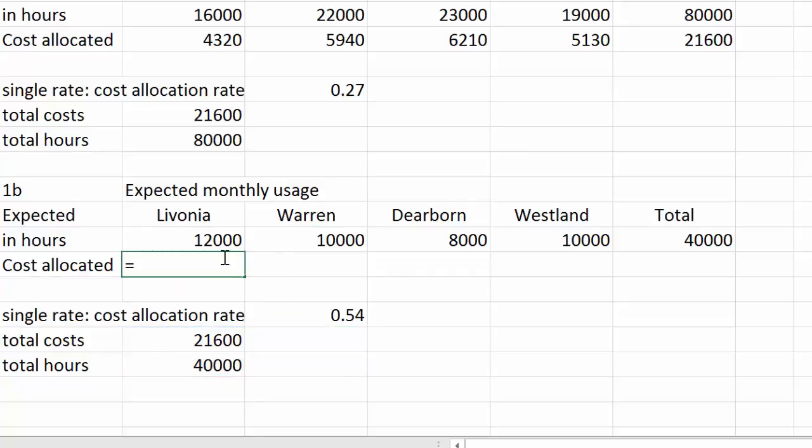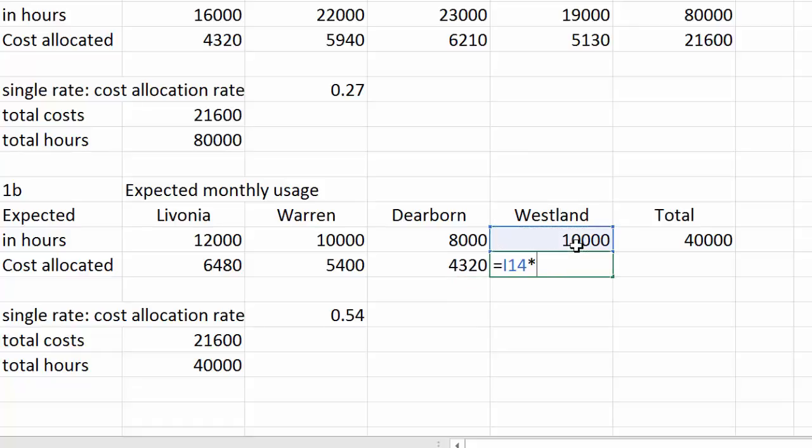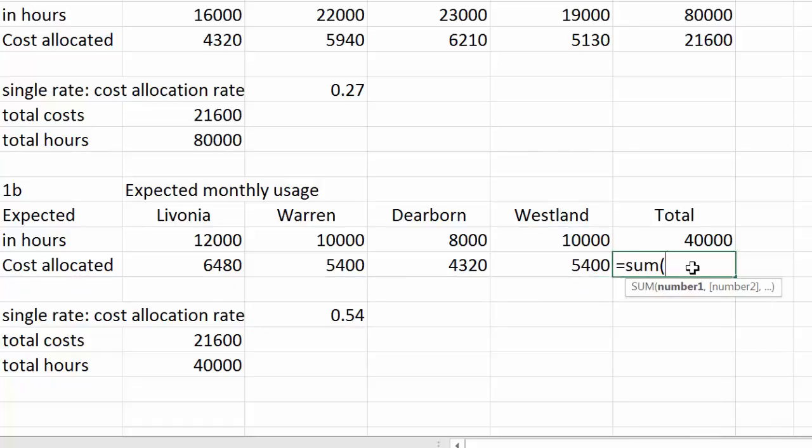So then you do the multiplication to find allocated costs. The calculation is pretty much the same, so not very surprising. So you can actually add them.